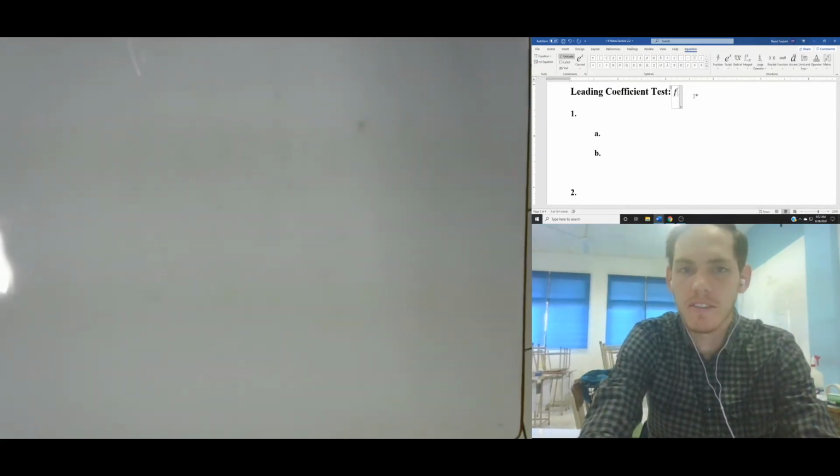So the first one, we're going to look at a leading coefficient test for an f of x. f of x is going to equal a sub n x to the n plus, a sub 1 x plus a sub 0.